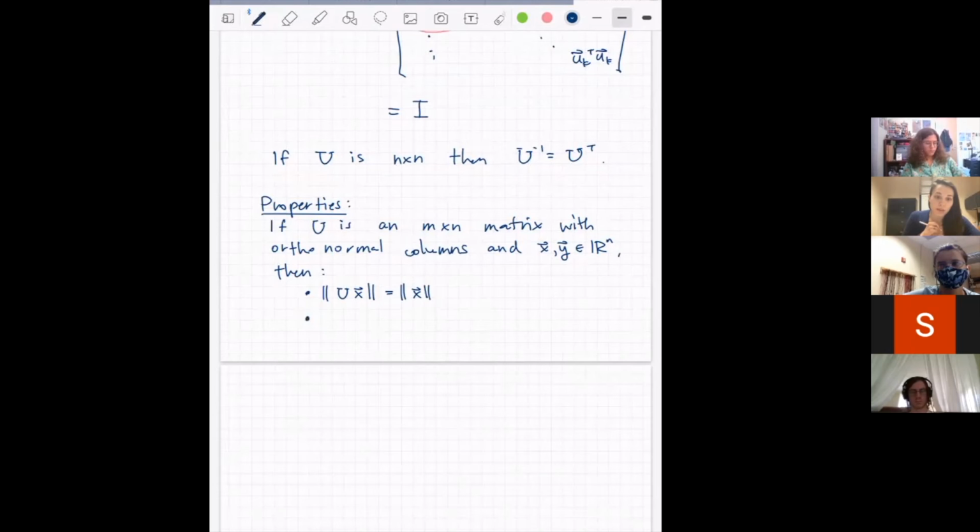Okay. And it also preserves dot products in the following way. So if we took U times X and dotted that with U times Y, that is going to give you the same thing as X dot Y. Okay, so it preserves dot products.